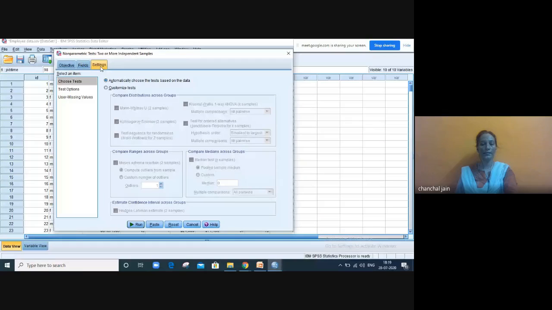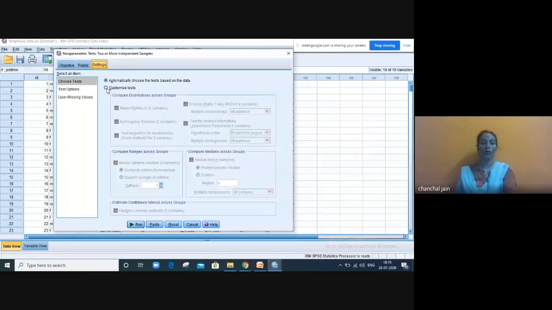Next, the last one is the Settings tab. Click on the Settings tab, and here you can see there are two options available: automatically choose the test based on the data, and the second one is customize test. SPSS knows that when you have an independent variable with only two groups, it will give you the result of the Mann-Whitney test by default.